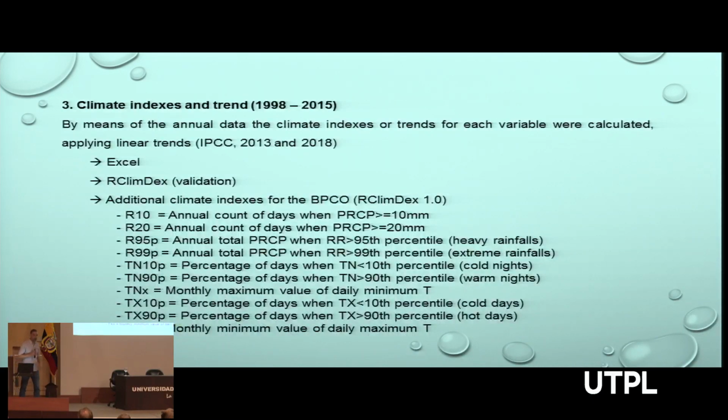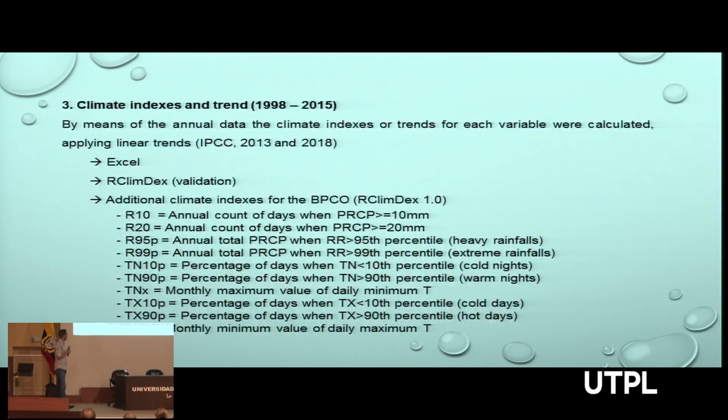Okay, then we calculated the basic climate indexes, first in Excel, which we validated with the software Climdex because it's calculating the same values, and we calculated some additional values to understand why we have these changes. There are some indexes for precipitation.